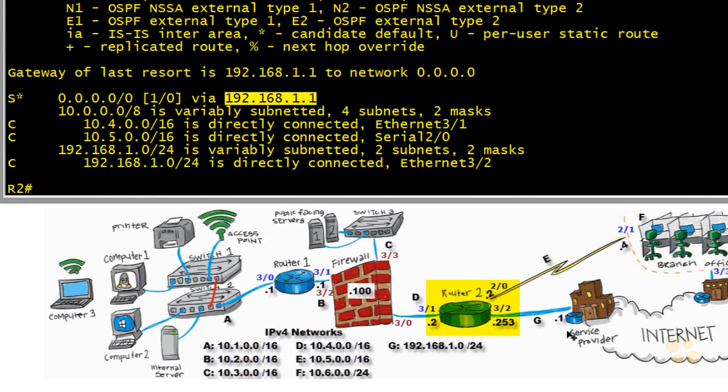And we could actually implement additional static routes besides the default route. We could add a static route, for example, that told R2 to get to the 10.1 network specifically to go ahead and hand it to the firewall as the next hop.